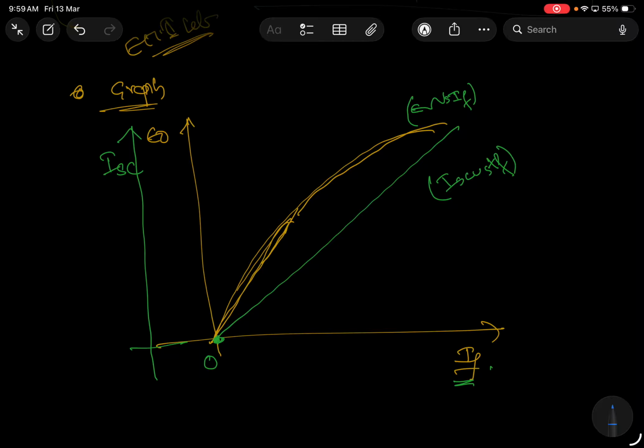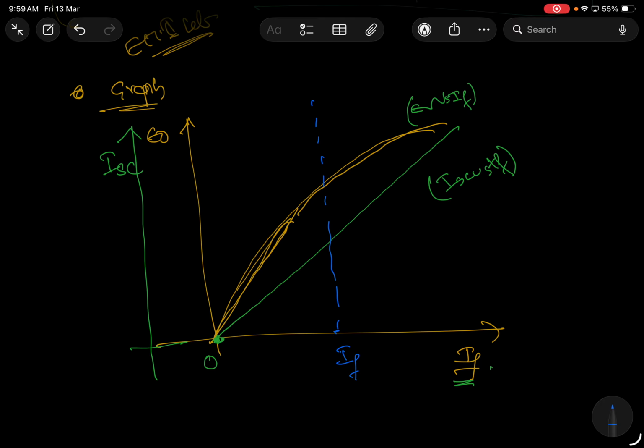I hope it's clear. Once it is done, we can draw a dotted straight line anywhere. We are supposed to draw a dotted straight line, and measure that point as IF here.